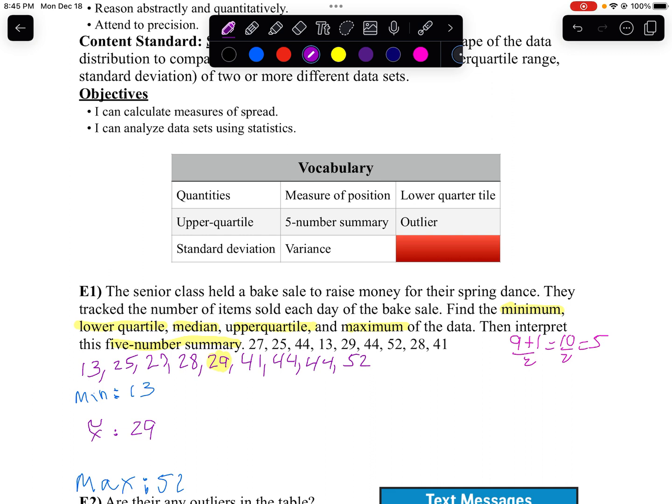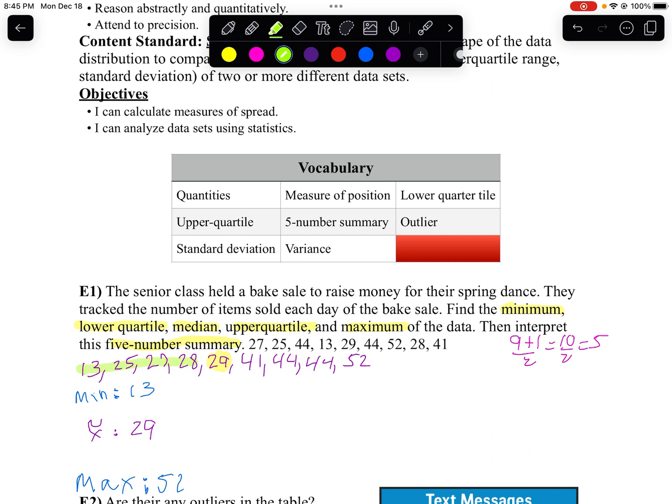Now, my first quartile is really just going to be the median of the numbers below your median. That seems kind of weird to say, but I'm going to split my numbers in half, and take a look at the median of these 4 numbers.